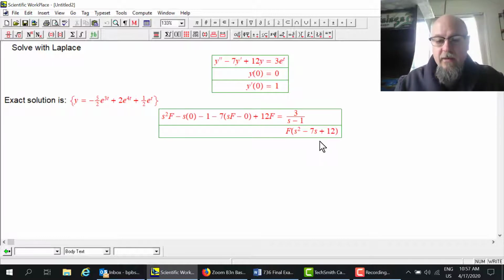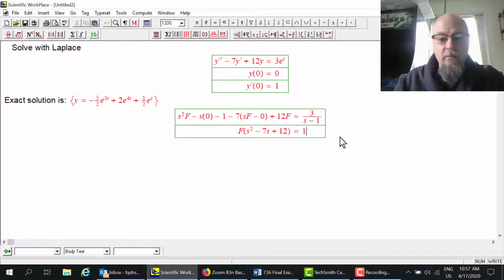Now I know I've got everything because this ends up being like the auxiliary equation, but instead of lambda, it's s. It's the algebra expressing the auxiliary equation. What doesn't have an f? So this piece, s times 0, that goes to 0. The other piece is also 0. The only piece that doesn't have an f on it is this minus 1. And when I bring it over to the other side of the equal sign, it just becomes a plus 1.